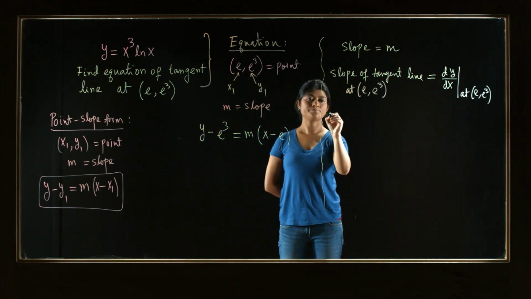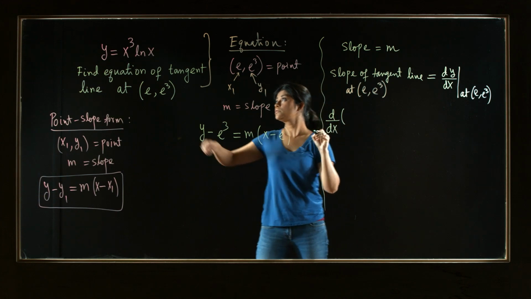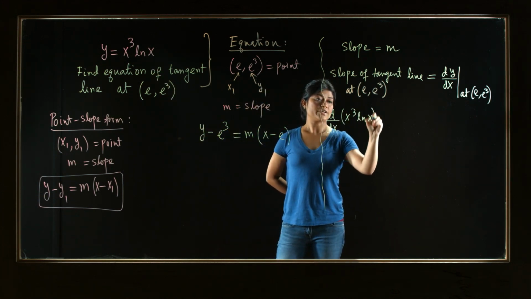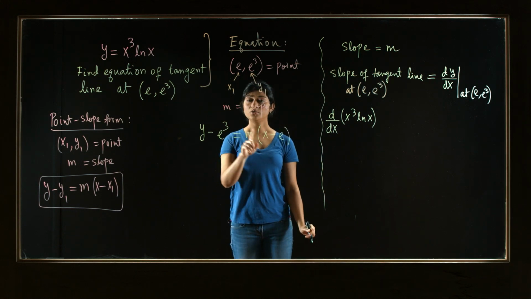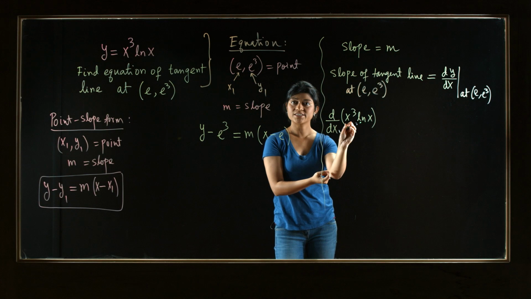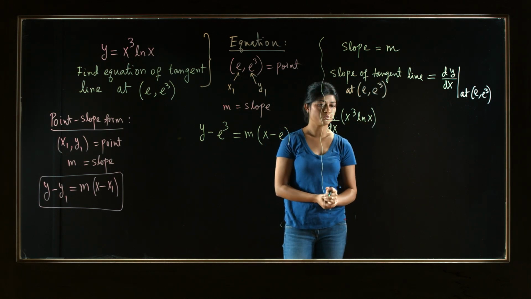The first thing is we have to evaluate the derivative. So what is the derivative of x cubed natural log of x? Note that this is a product of two functions. One is x cubed, the other is natural log. So we have to use the product rule.